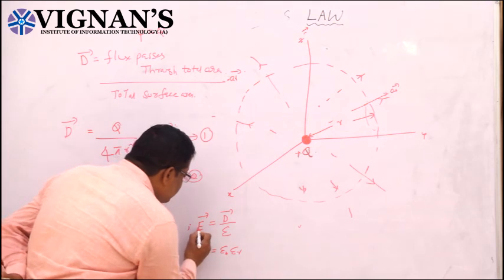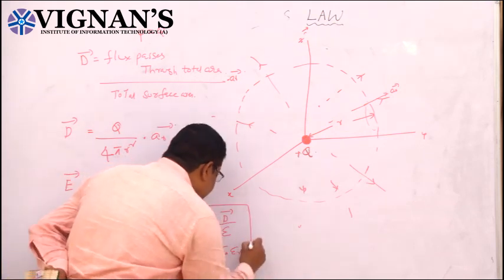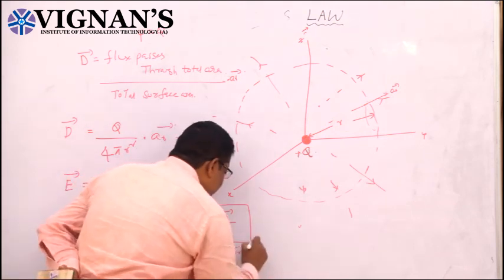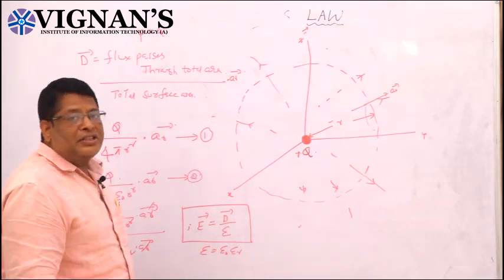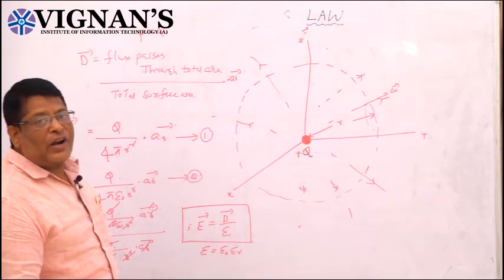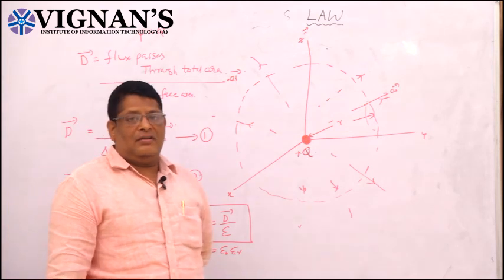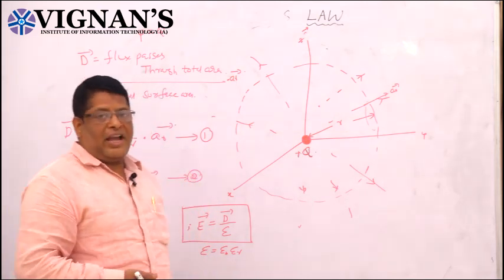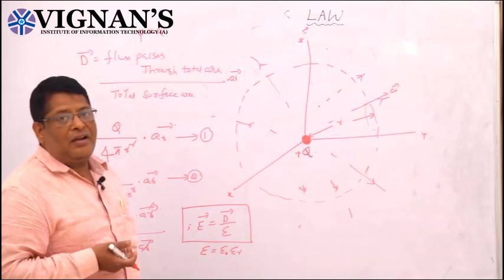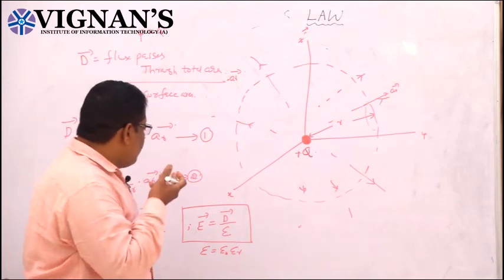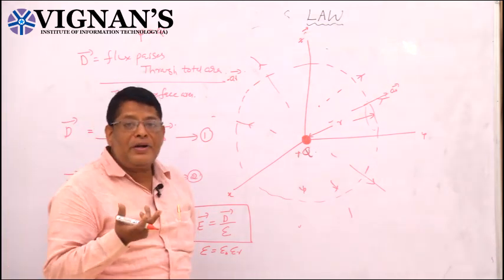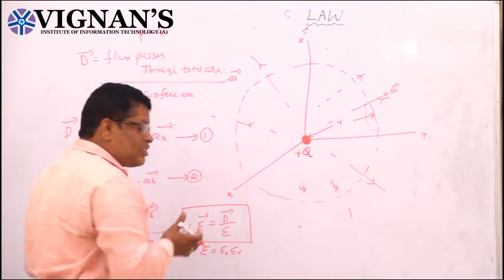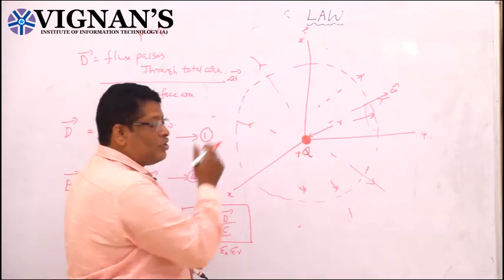See here, this is a very important relation between the electric field intensity and the flux density in an electric field. We found this relation by taking the point charge.